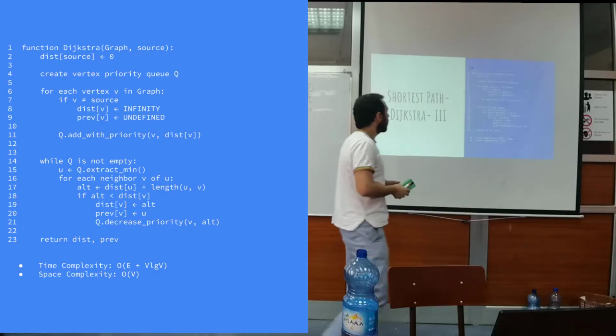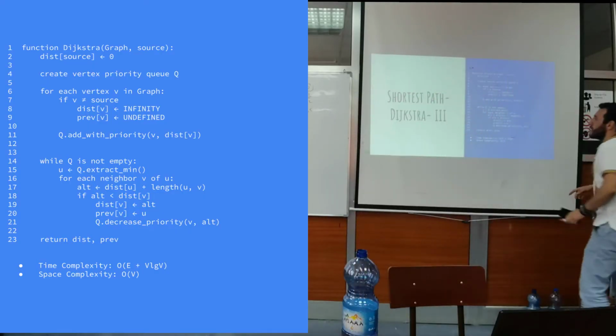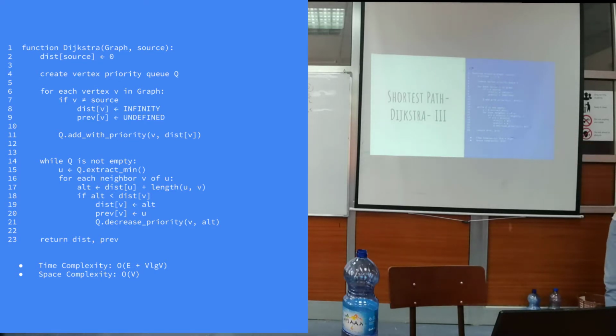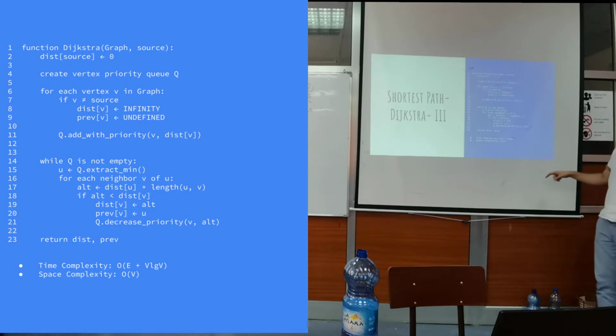Look at line 80. So alt stands for alternative route we can think of. And our alternative route is the current distance of our current node, which is u, plus the edge weight, or the length of the edge, between the neighbor and the current node.